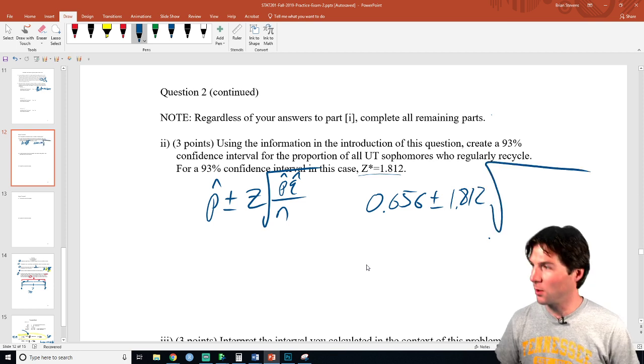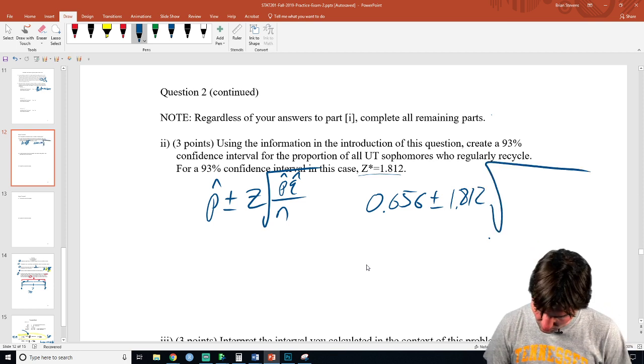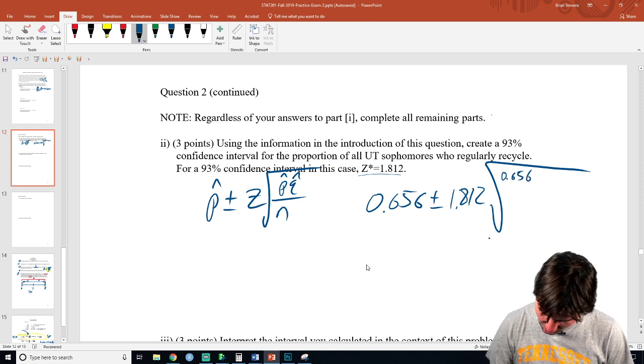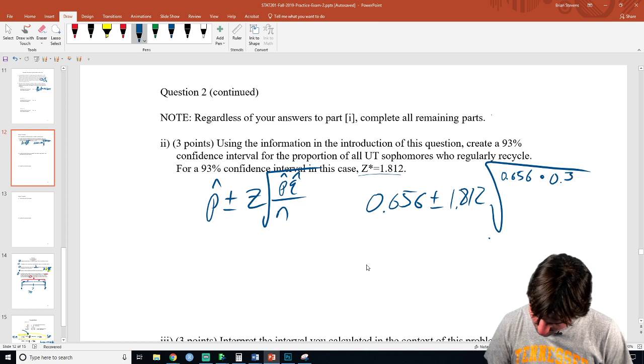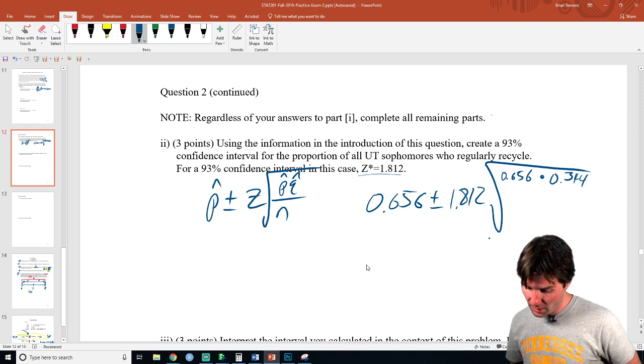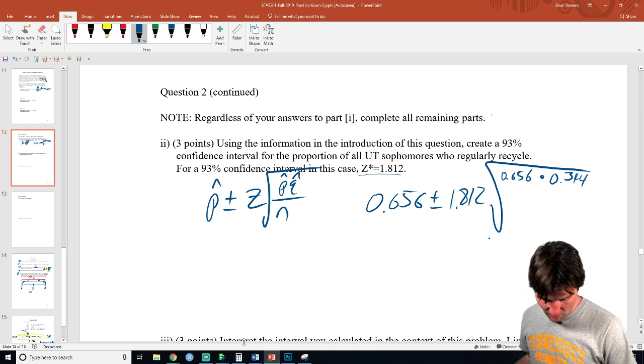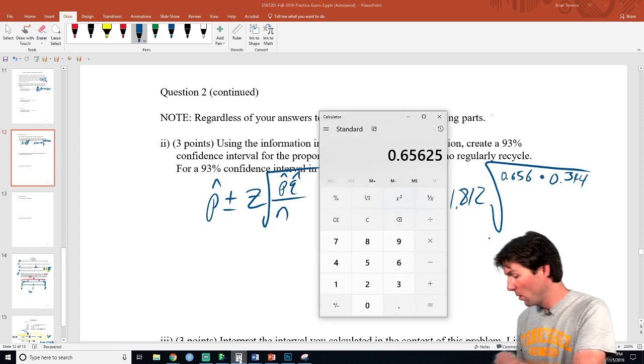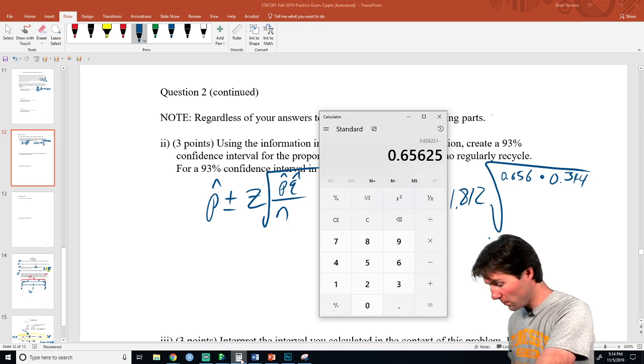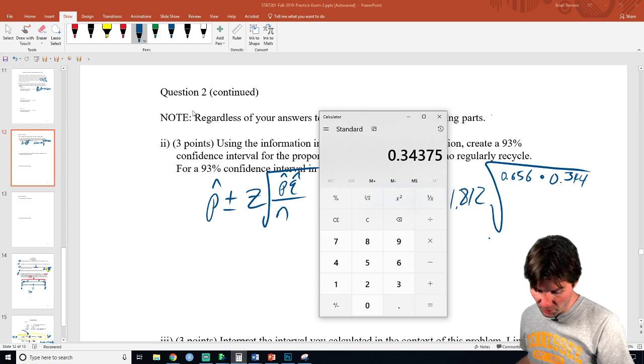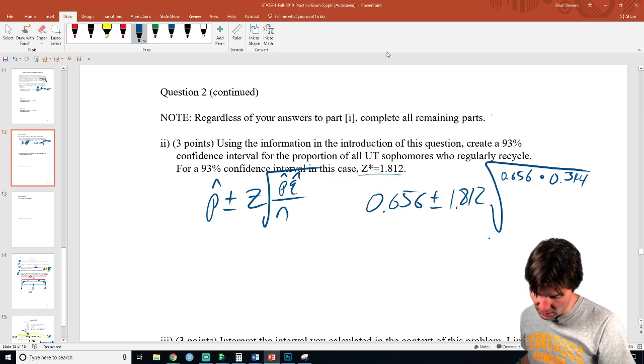Then we have to put the whole radical, 0.656 times 0.344. I'm solving it in my head right now, but let's look at this again. 1 minus 0.656 rounds to 0.344, and so that's the answer there.